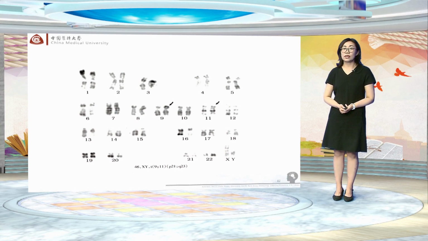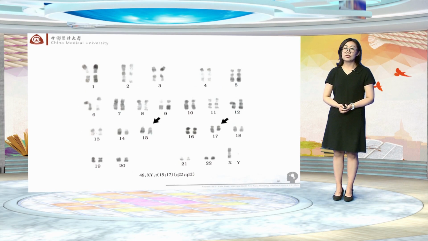From this picture, we can see that there are 46 chromosomes, XY, with the translocation of the short arm, P, region 2, band 1 of chromosome 9, and the long arm, Q, region 2, band 3 of chromosome 11.